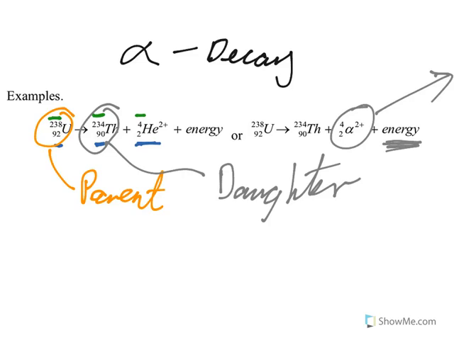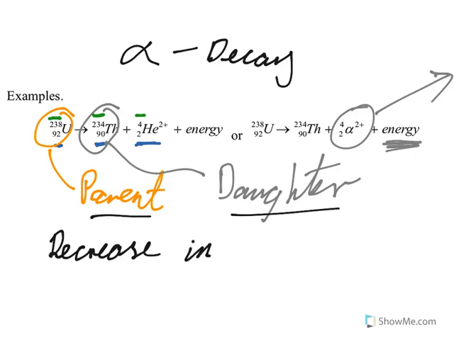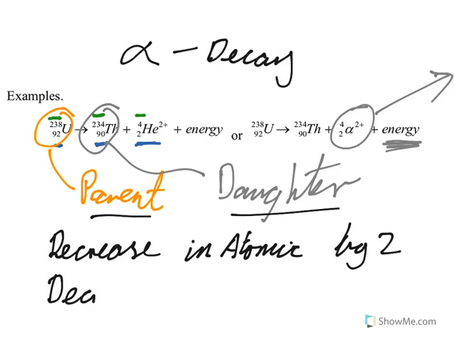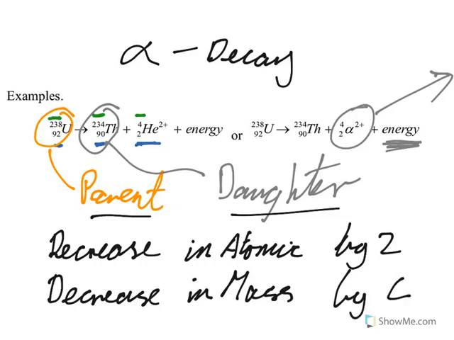So overall, what do we know when we're comparing the parent and the daughter? Well, what we notice is that we have a decrease in atomic number by 2, and also a decrease in the mass by 4.